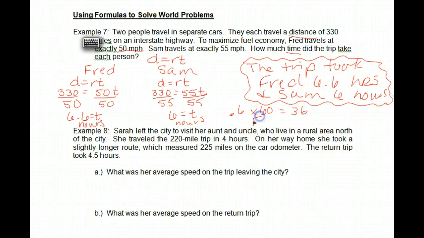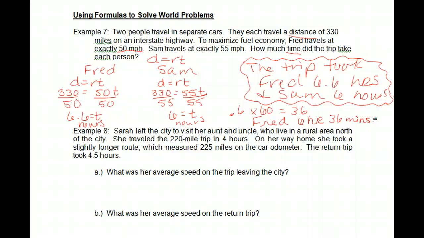So that means that it took Fred 6 hours and 36 minutes to drive 330 miles. And that probably makes more sense to you than 6.6.